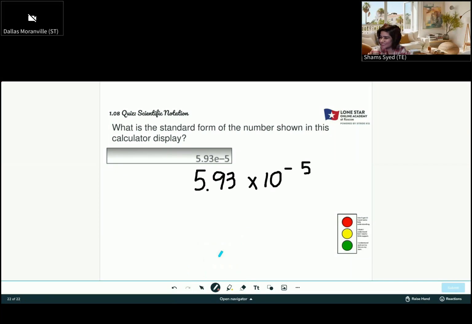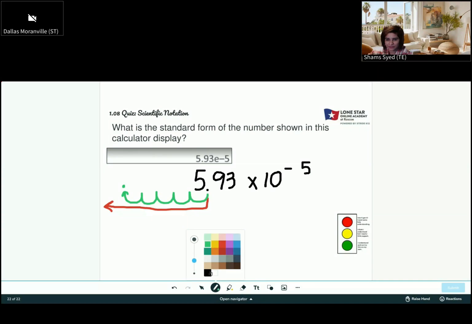Very good. 10 to a power of -5 will make this small by 5 places to the left. So go 1, 2, 3, 4, and 5. 5 places. This is where the decimal is going to be. Let's rewrite the number.